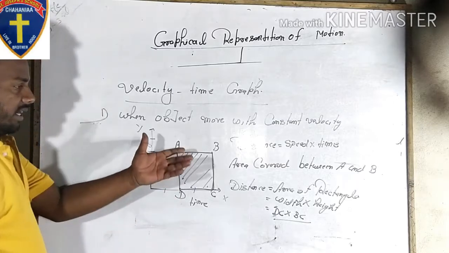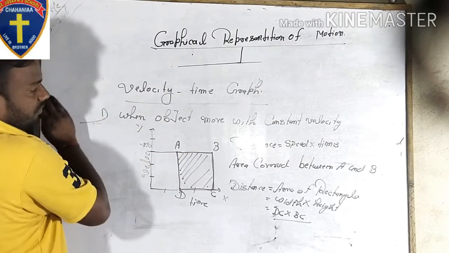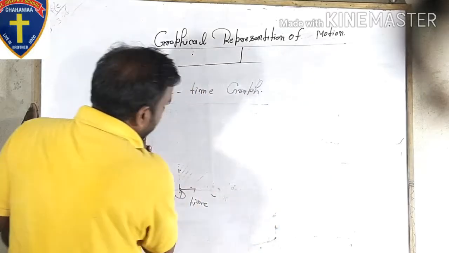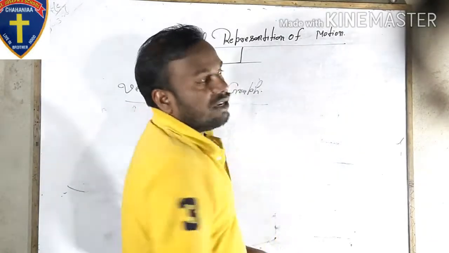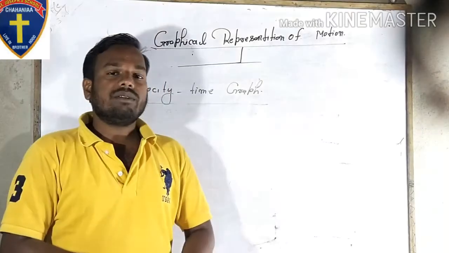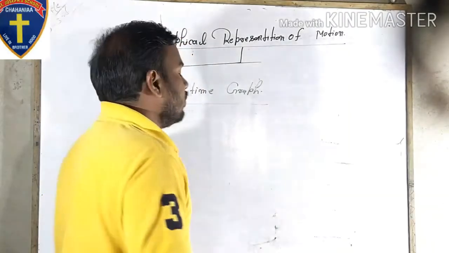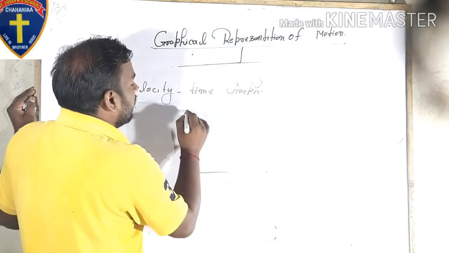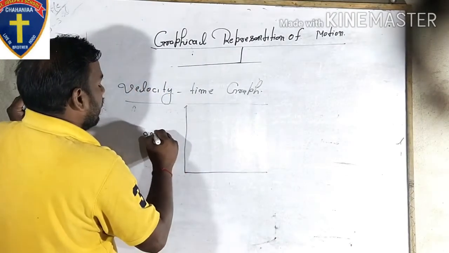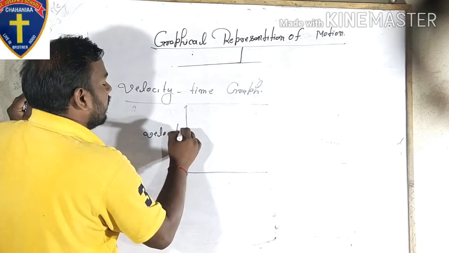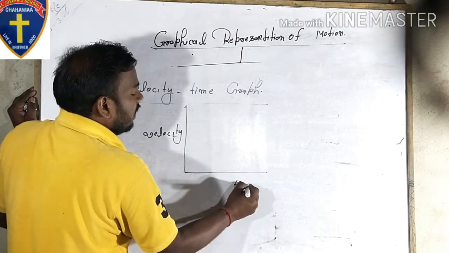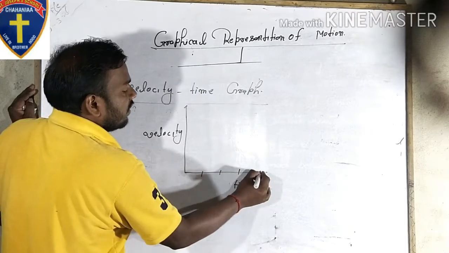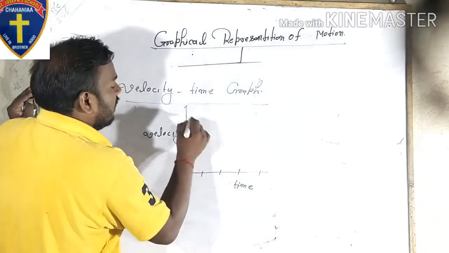Now note here. In the second condition, when the object moves with non-uniform motion, then what we get here is the velocity and the time. 1 2 3 4.